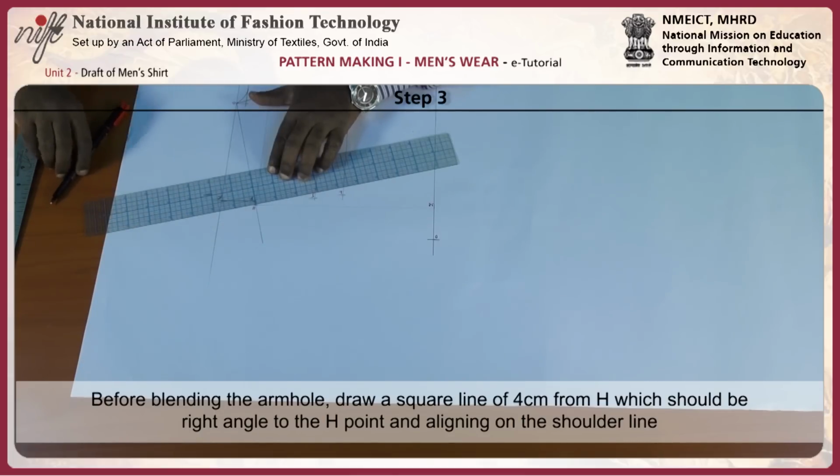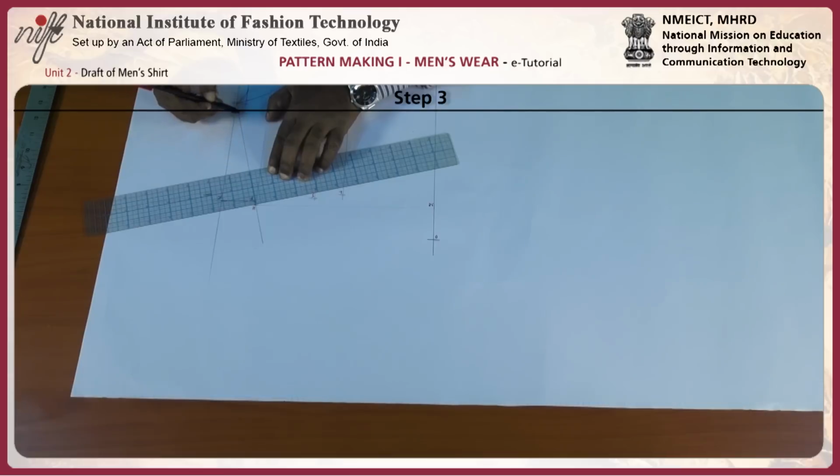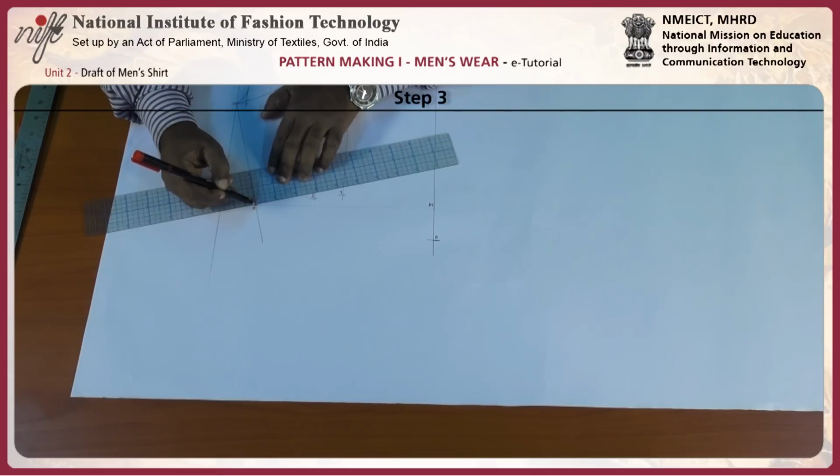It should be a right angle to the shoulder line. I have aligned the shoulder line, which is a right angle from point H.